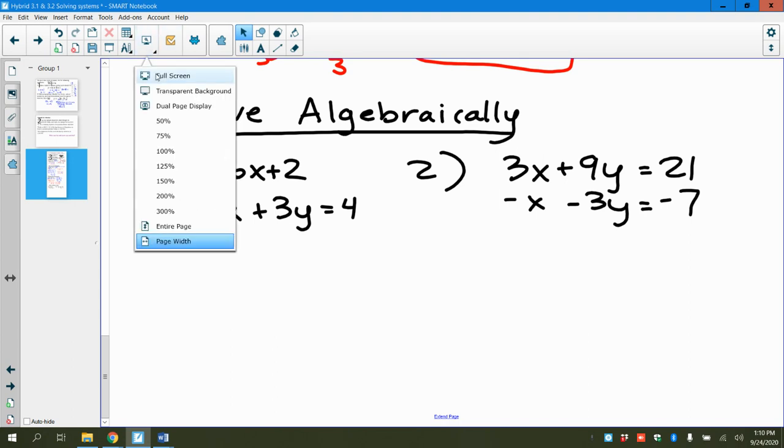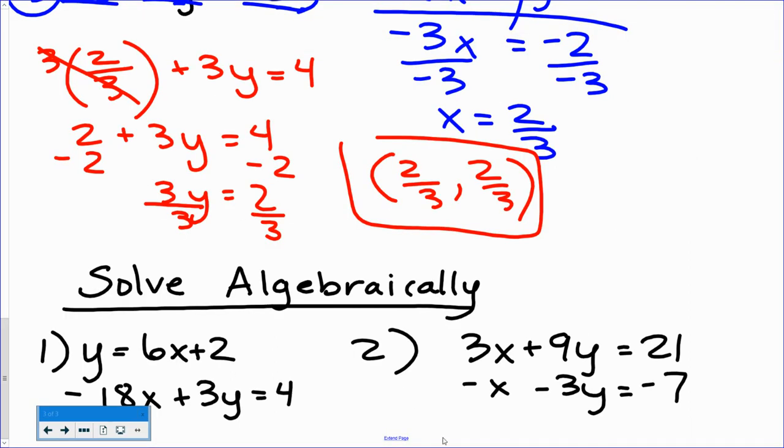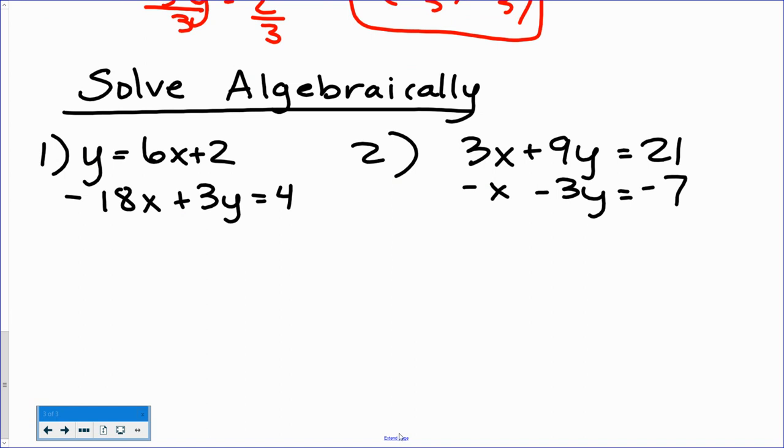Okay, we'll check your answers here. So for the first one, I noticed that there's y by itself. So for me, I would think to use substitution because I already have a variable by itself. You wouldn't have to do that, but you would not be able to use elimination the way that it's set up right now because your equal sign wouldn't be lined up and your x and y are not on the same side as it is here.